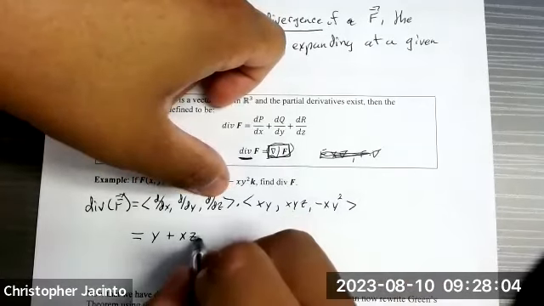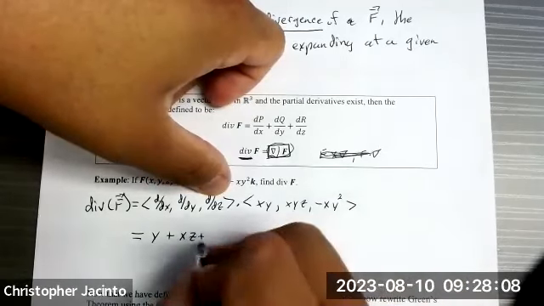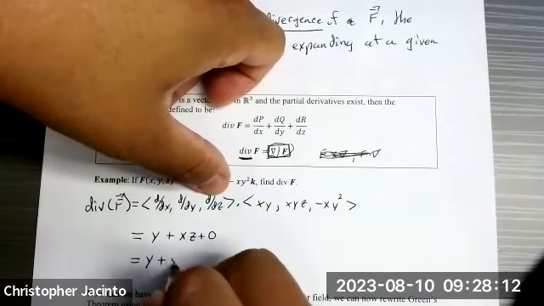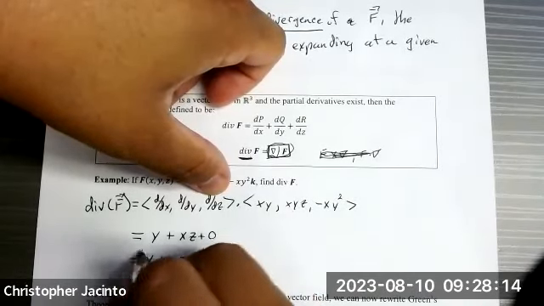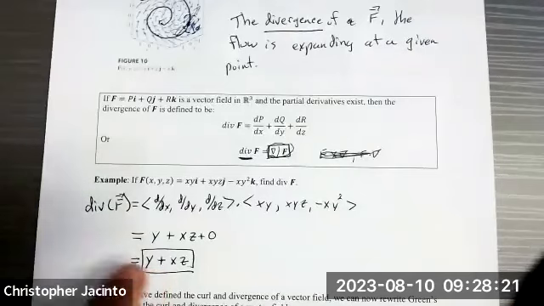And the last one, derivative with respect to z. So our divergence is y plus xz. And if we had a point, for example, 1, 1, 1, we would plug in 1, 1, 1, and we get the scalar itself. So that's the exact flow, or how the flow is expanding at that point.